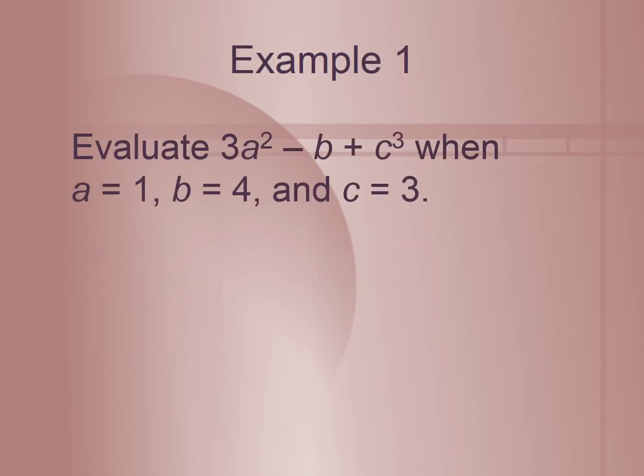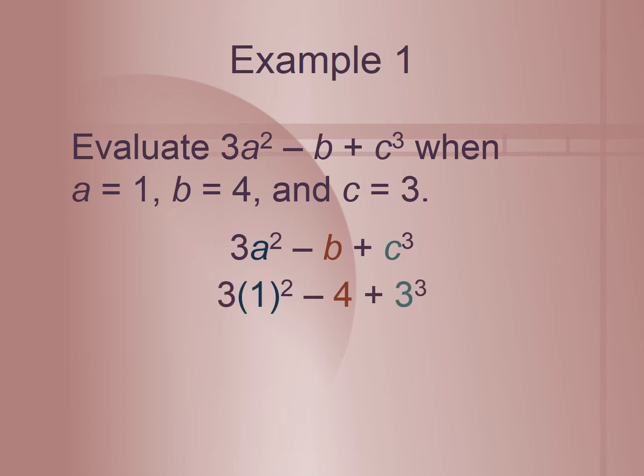Example 1. Let's evaluate 3a squared minus b plus c cubed when a is equal to 1, b is equal to 4, and c is equal to 3. Remember, step 1 is substitution. We want to no longer have the variables a, b, and c. We know that a is 1, so instead of a squared, we're going to have 1 squared.